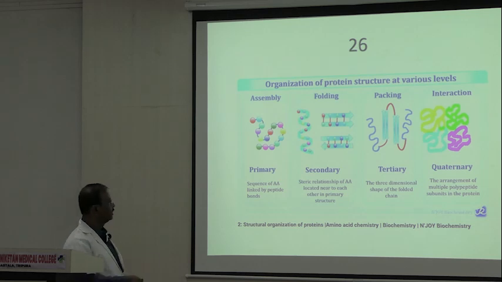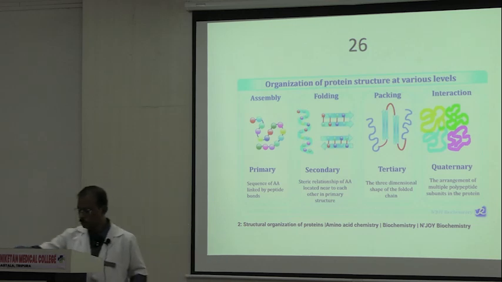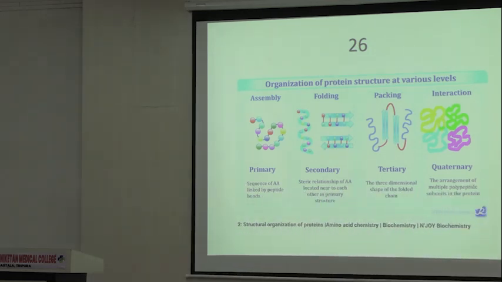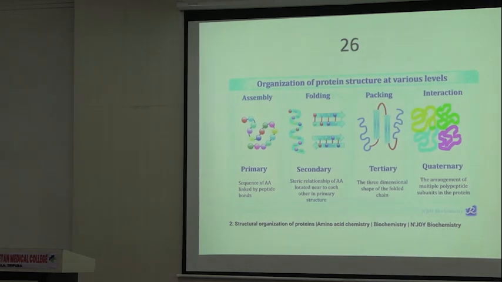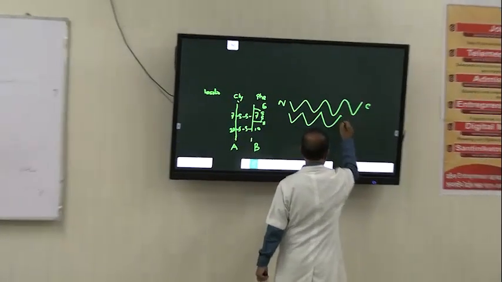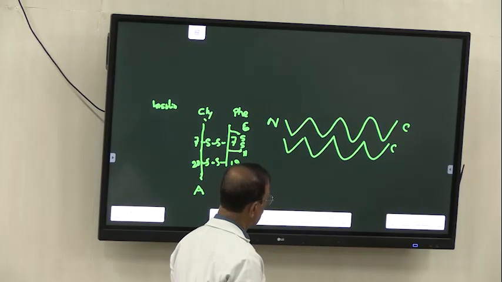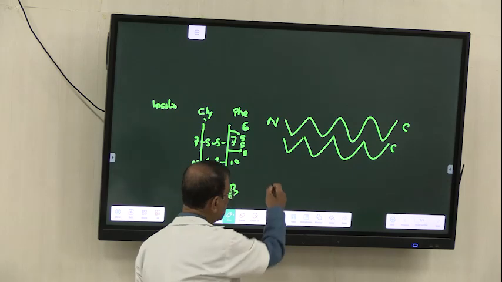Usually they are arranged in a zigzag manner. They get arranged not only as two polypeptide chains, there may be so many chains.